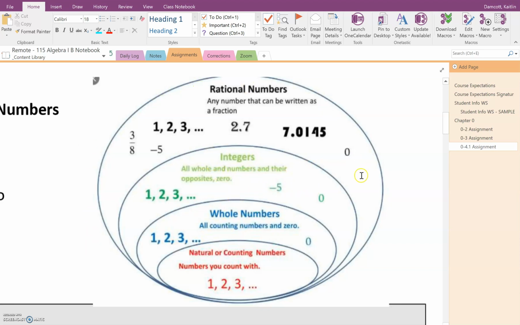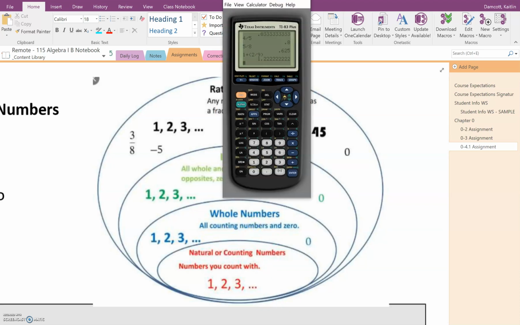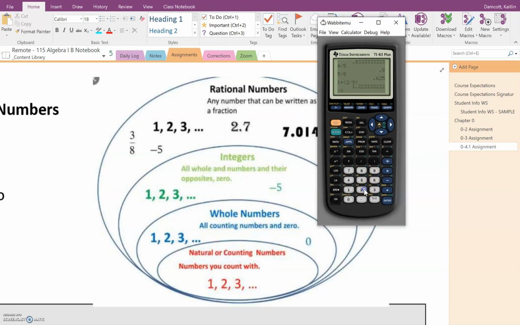Now the rational numbers include the integers, the whole numbers, and the natural numbers, but they're also going to include any number that can be written as a fraction. So 2.7, it's a decimal, but if you wanted to turn that into a fraction, you could. So I type in 2.7, I hit math, frac, enter.